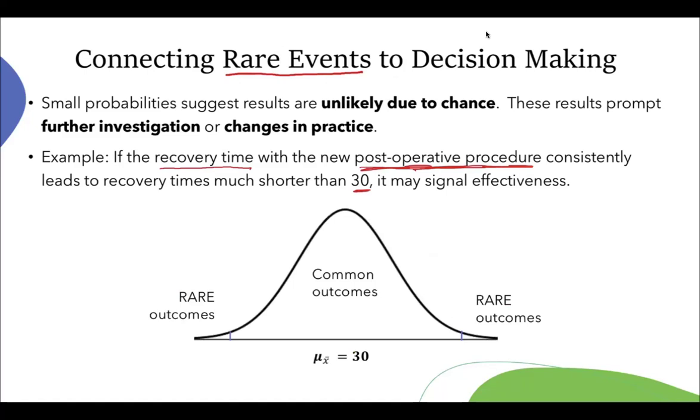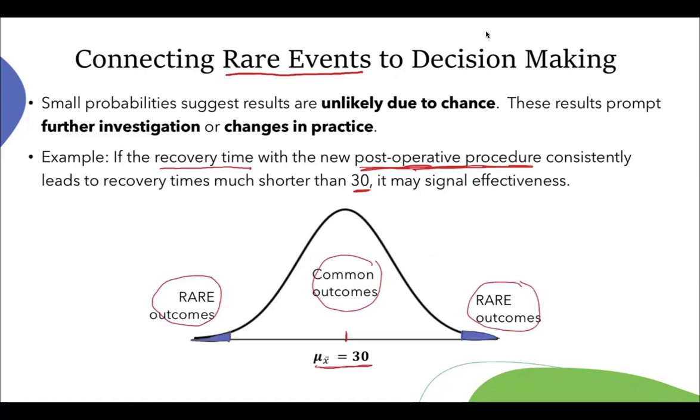So in the center, we have the established understanding of what the recovery time is, the population mean recovery time. This is a sampling distribution. And generally in the middle, we have our common outcomes, but on the far left or on the far right, we have our rare outcomes.